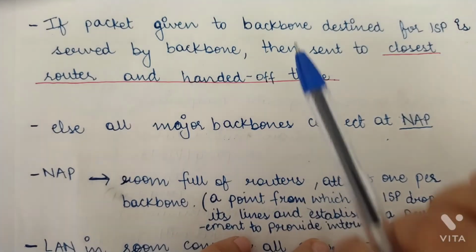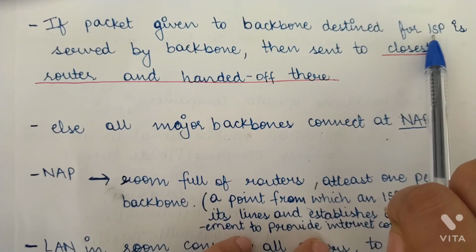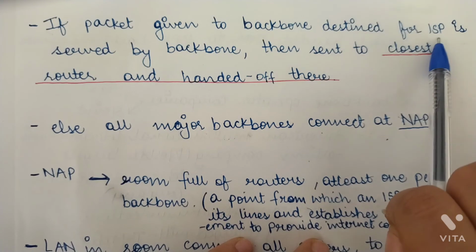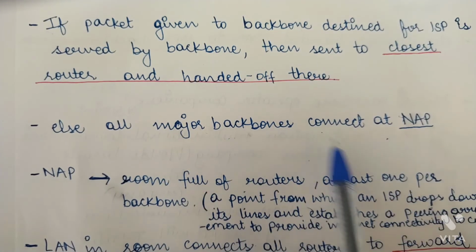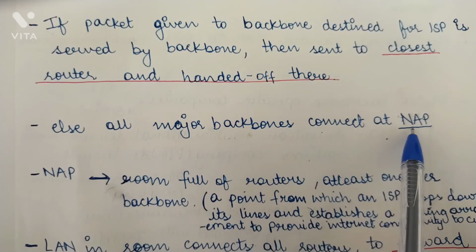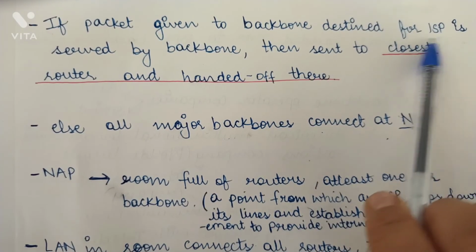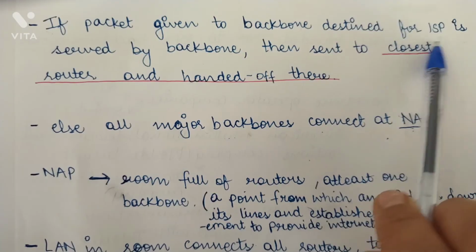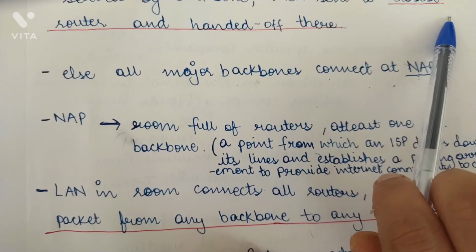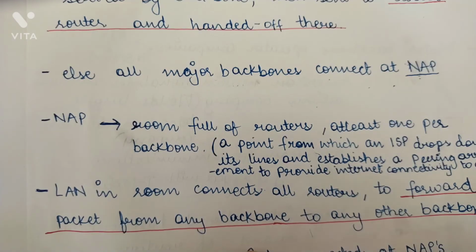But if the backbone is not providing services to that particular ISP for whose host the packet was destined, in that case it will be sent to the NAP, because all the major backbones are connected at the NAP, and then from the NAP it would be sent to that particular backbone which is serving the ISP to whose host you want to send the packet, and from that backbone it will be sent to the nearest router, and the packet would be handed off there.